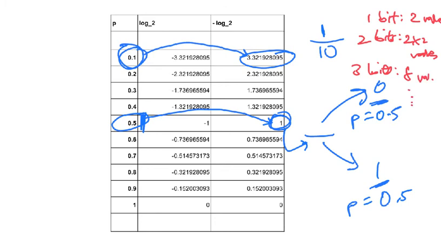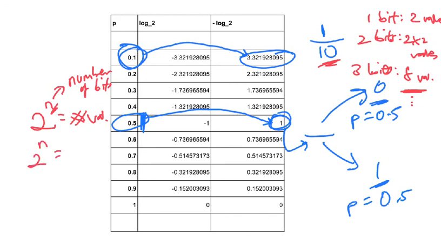So in other words, the number of values can be represented as 2 to the power of n equals the number of values, where n is the number of bits. If I want 10, that means 2^n equals 10, where 10 is the number of possible values.